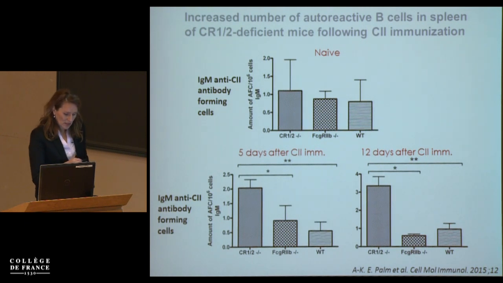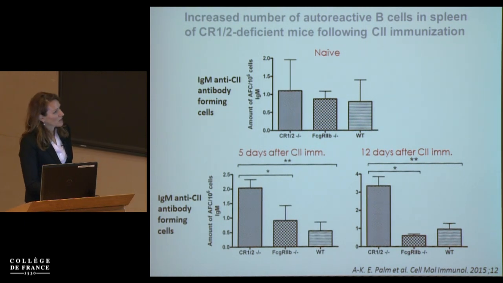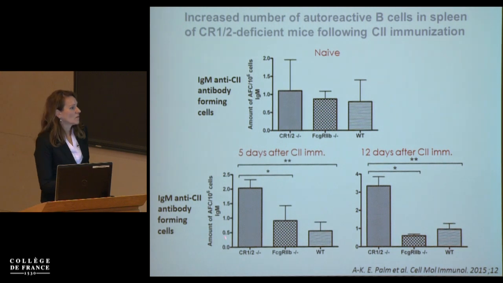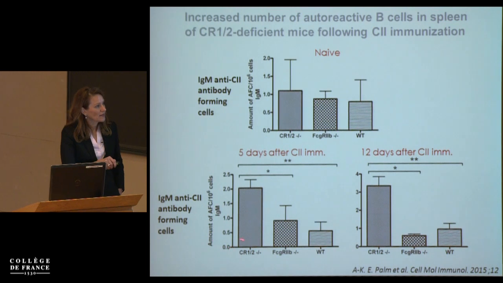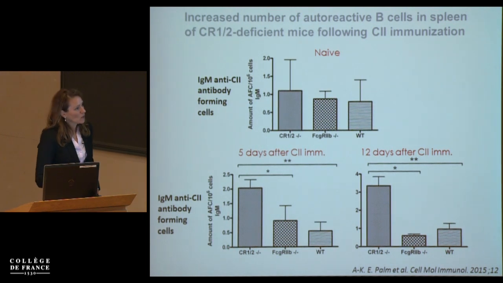But after immunization, there was a difference. There we saw that the mice that lack complement receptor produce more of the IgM response. And this was seen 5 and also 12 days after immunization. There was no effect of Fc gamma receptor 2b. But this was a really significant finding, which indicates that complement receptor 1 and 2 regulate self-reactivity in the B cells.